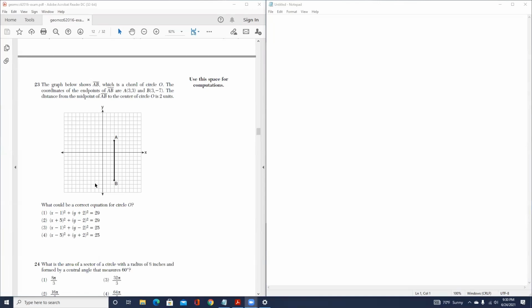The distance from the midpoint of AB to the center of circle O is 2 units. What could be a correct equation for circle O? The difficulty here is that there are 2 correct possible variations of how you draw your circle.